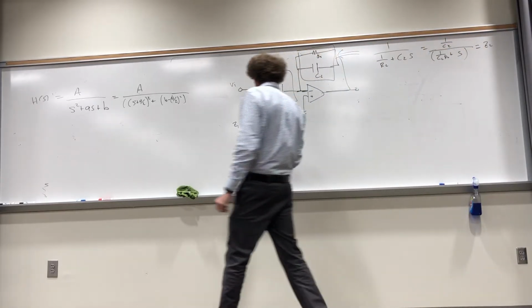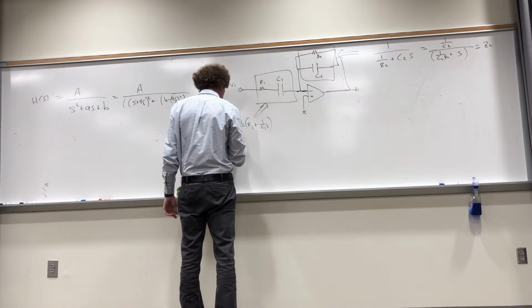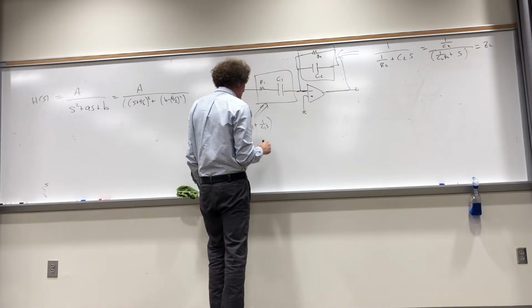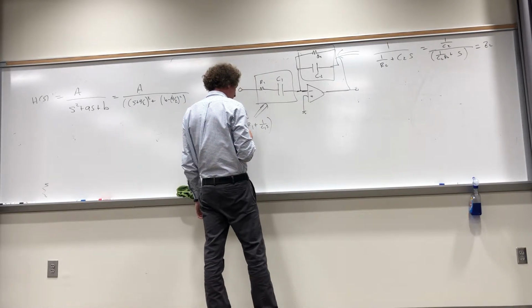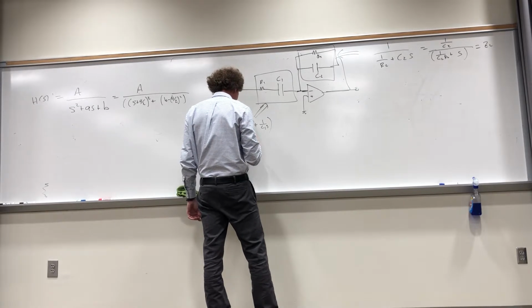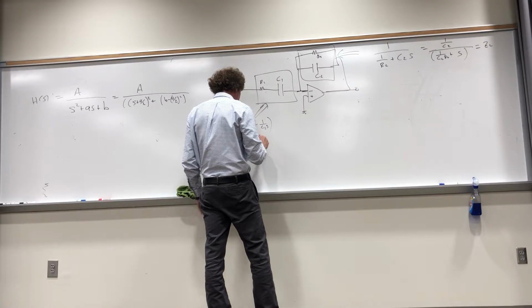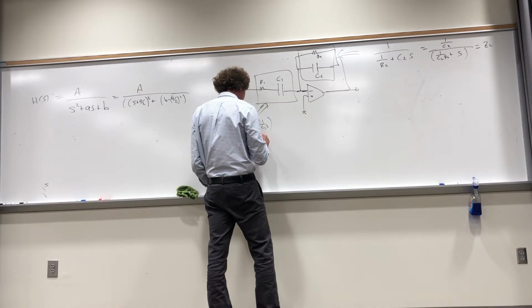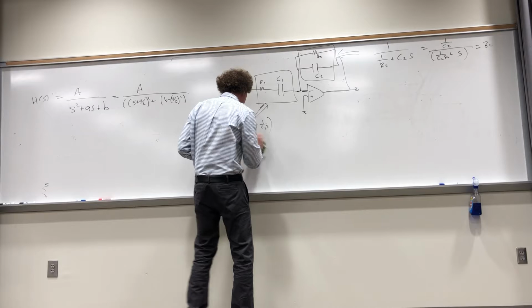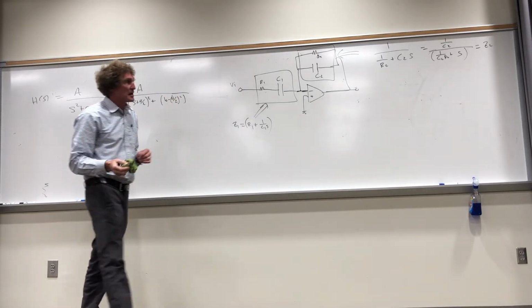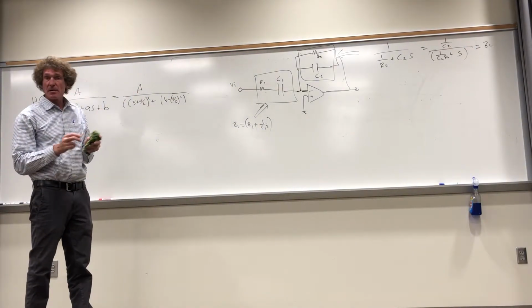This impedance, Z1, will be equal to, if I factor out the 1 over S here, then I get, I'll tell you what, I'm going to leave this one alone because I can explain it with that alone.